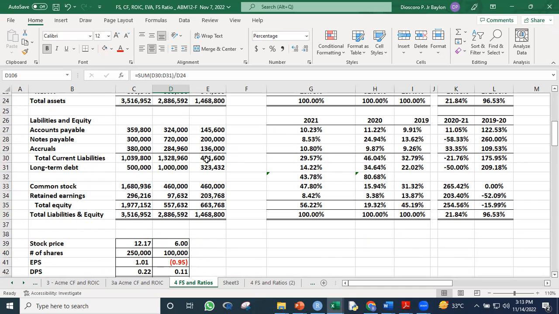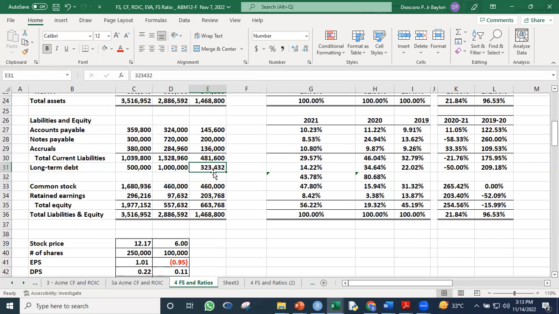So, from 2019, 481 siya, naging 1.3 million siya. So, it jumped by a big amount, no? It jumped by 175%. Although bumaba siya noong 2021 by 21%.